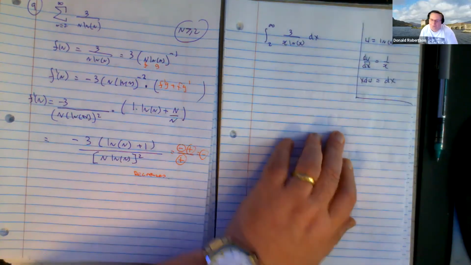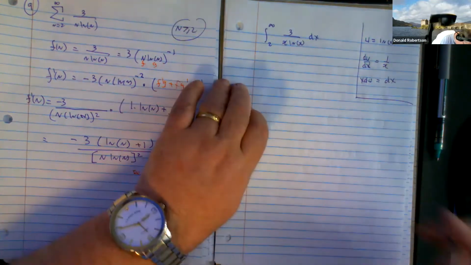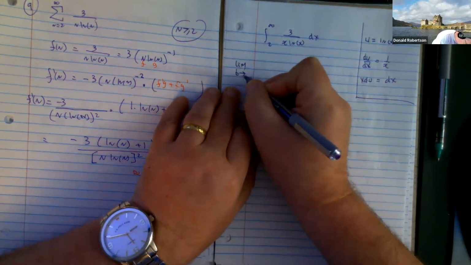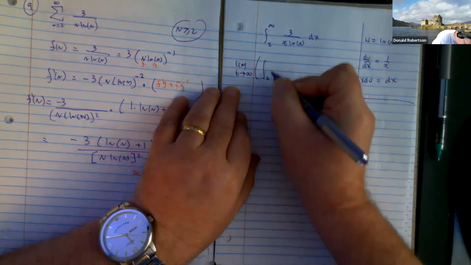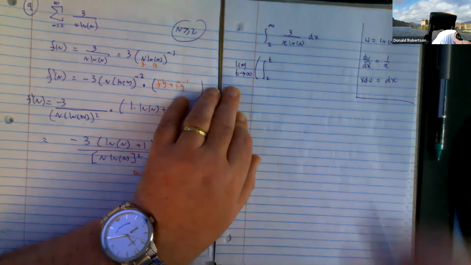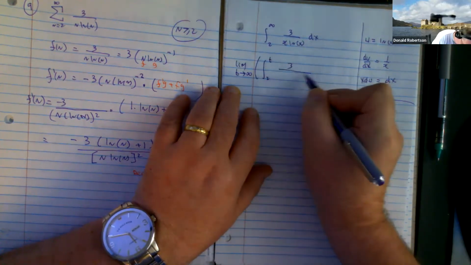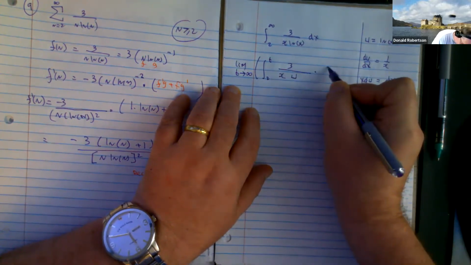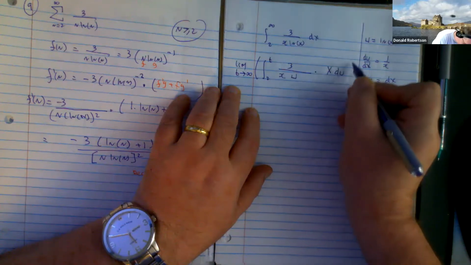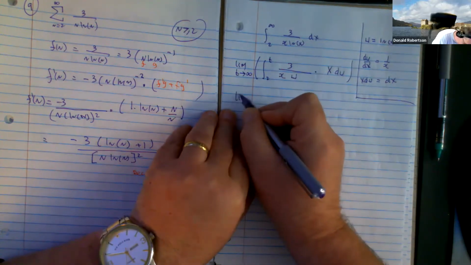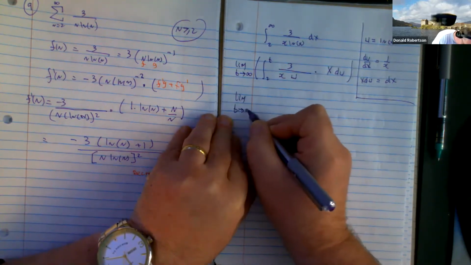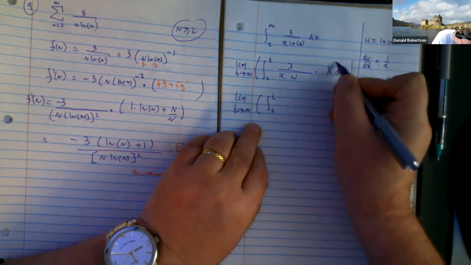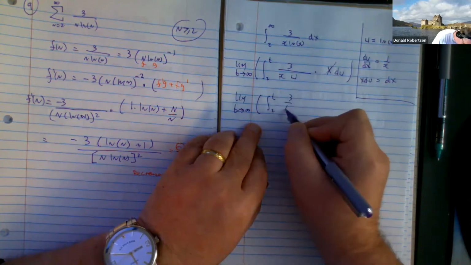It's ready to go. So it's going to be the limit as t tends to infinity, the integral from 2 to t of 3 over x u times x du. So it's going to be the limit as t tends to infinity of, well, they cancel and basically you get the integral.